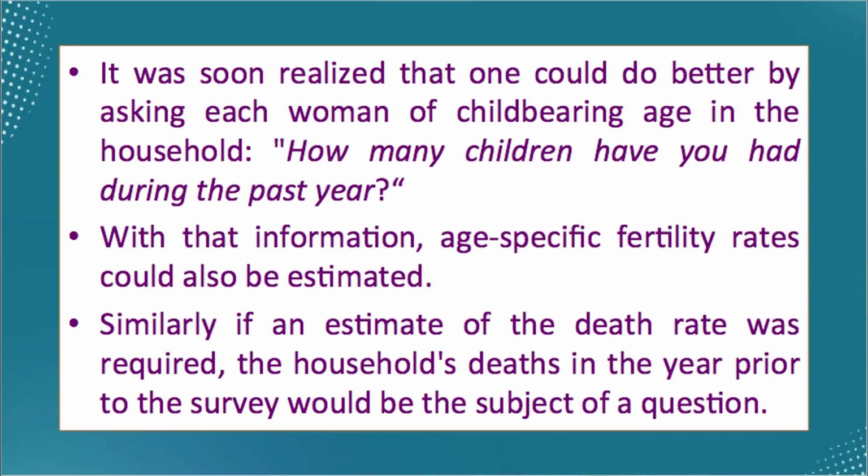It was then soon realized that one could do better by framing the question for each woman of childbearing age in the household as, how many children have you had during the past year, and then recording her age. With that information, age-specific fertility rates could also be estimated.